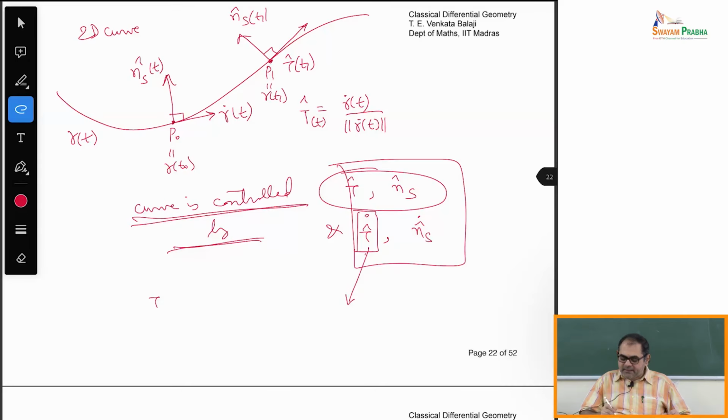So you should be able to break down T cap dot in terms of T cap and N cap. Similarly, you should be able to break down N cap dot also in terms of T cap and N cap. And therefore you are writing T cap dot and N cap dot as linear combinations of T cap and N cap. That involves, of course, a 2 by 2 matrix.